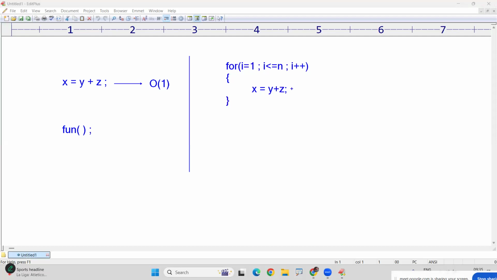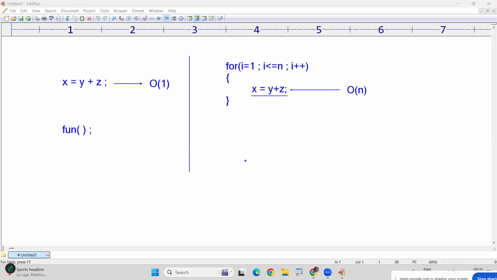This statement is a constant time, order of 1, but the loop is repeating n times, so it is executing n times.